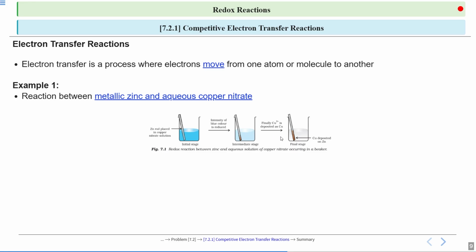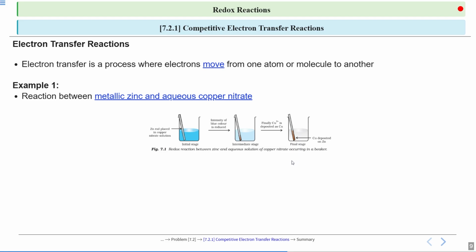And finally, what would happen? You will find that in the final stage the blue color would completely vanish, and some brown-colored substance would be deposited over the zinc rod. This is the reaction that has taken place between zinc and an aqueous solution of copper nitrate in a beaker.